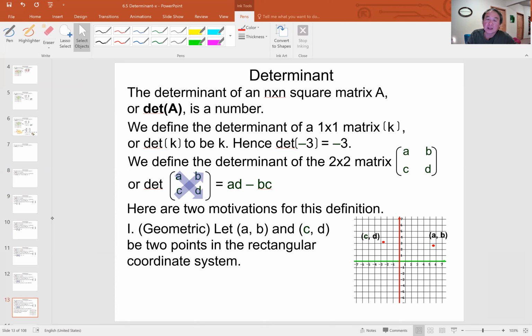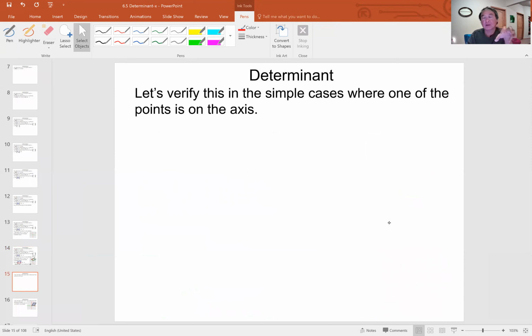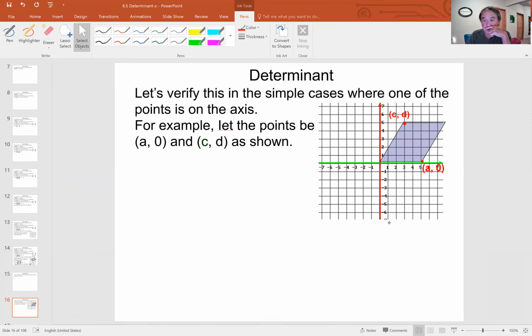And again, we have motivation for this when we put the rows as coordinates of points, and then these numbers give us the area with a sign. And why is that?